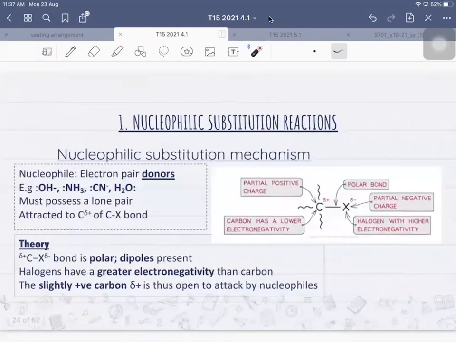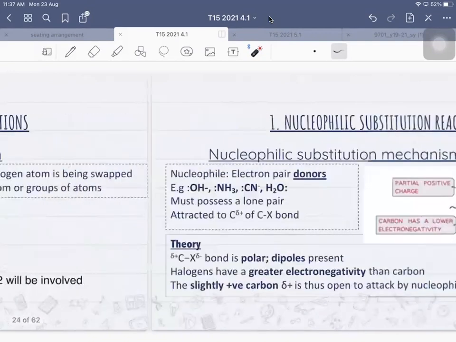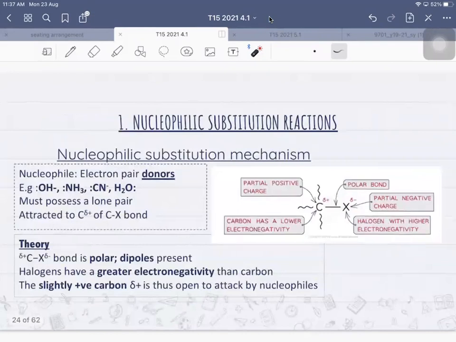Let's talk about the theory first. Before we look at the mechanism, we want to look at a halogenoalkane. If I just draw a general halogenoalkane, for example, with chlorine, this is a chloropropane.